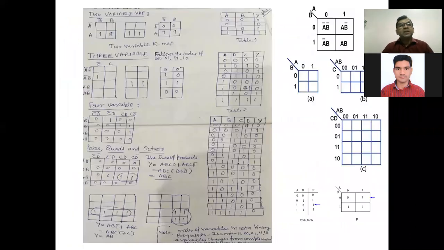As I said, the K-map depends on the number of variables, which decides how many squares are in the map.